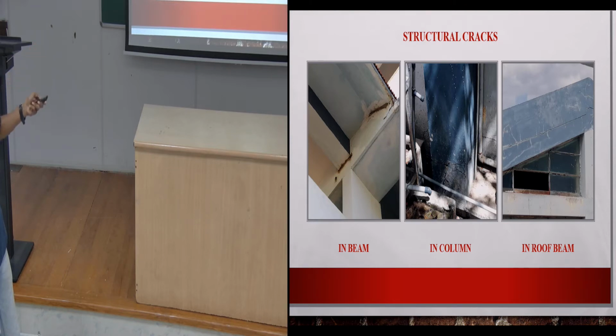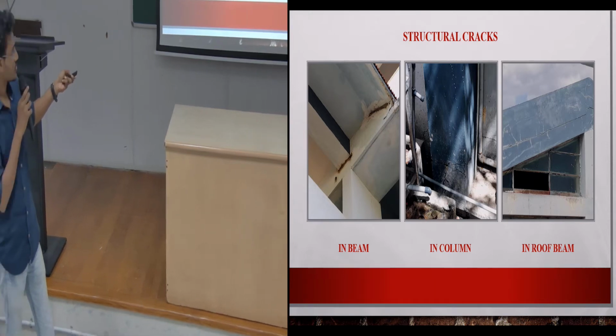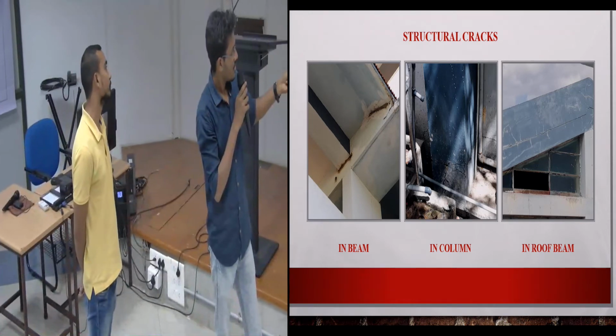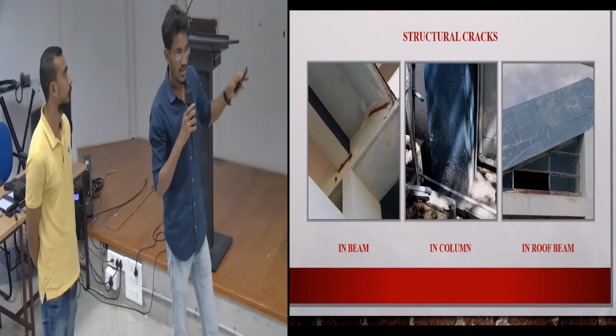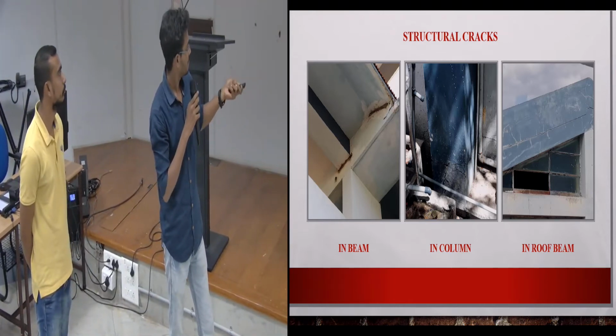Due to some lack of shear reinforcement, and cracks in columns due to axial load increased more than the design load, and some water leakages also occur. There are some other cracks in roof beams due to some disjoint of the materials.